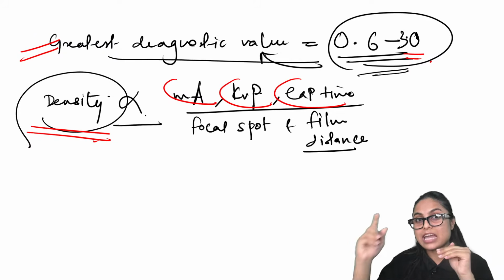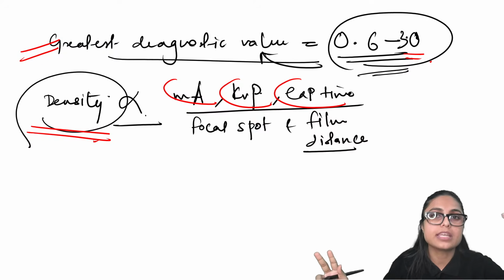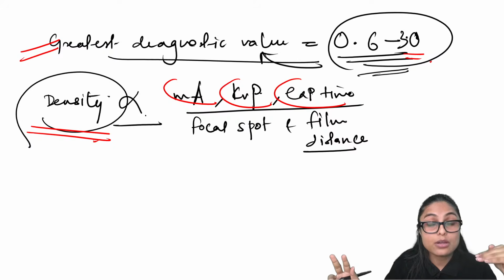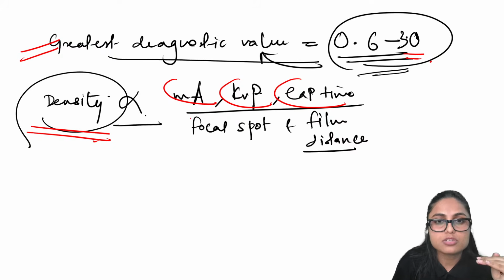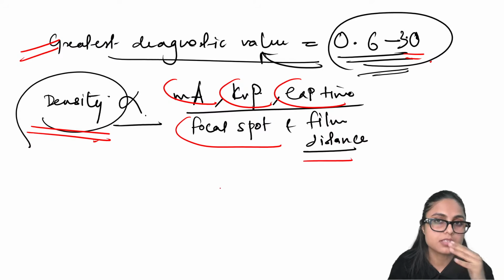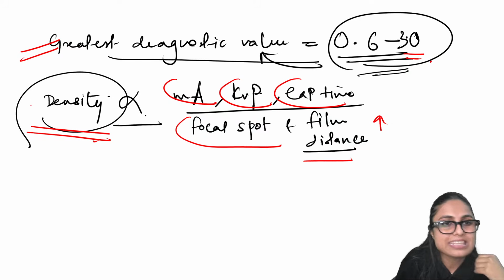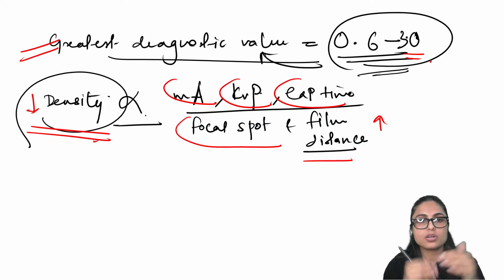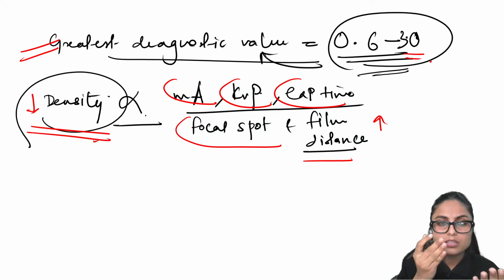So when you increase mA, kVp, and exposure time, your density will increase, meaning your radiograph will be darker. It is inversely proportional to focal spot film distance. If you increase the focal spot film distance, your density will decrease. So these are the factors affecting density.